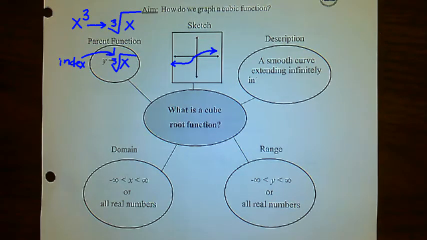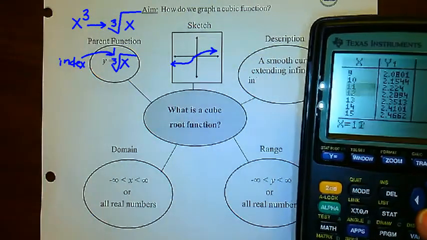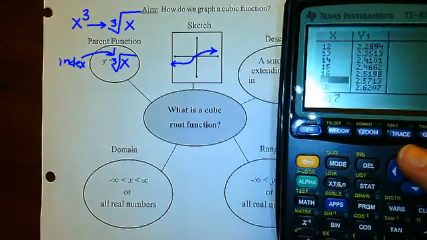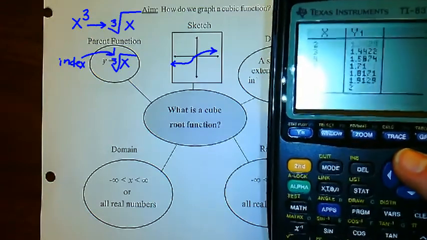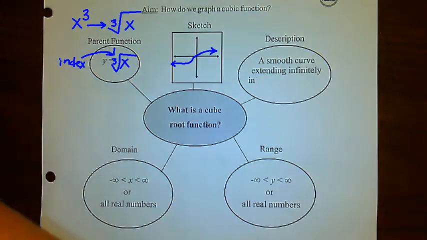If you were to look at the values, what you would notice is that we don't have any errors like we did yesterday. The thing about a cube root is the domain and range are actually all real numbers, because it is the opposite of cubing something.